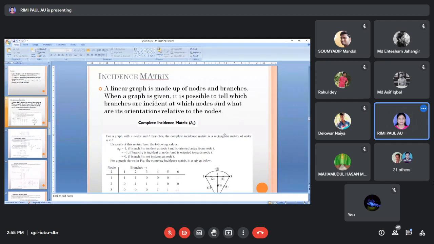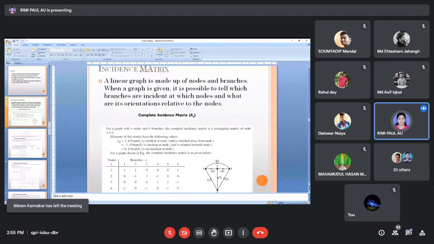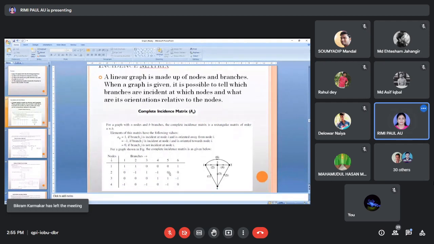If I take this oriented graph, from this we can get a complete matrix where all nodes and all branches are present. So we can say the orientation of each branch in the graph and the nodes at which this branch is incident. That's why it's known as the incidence matrix.